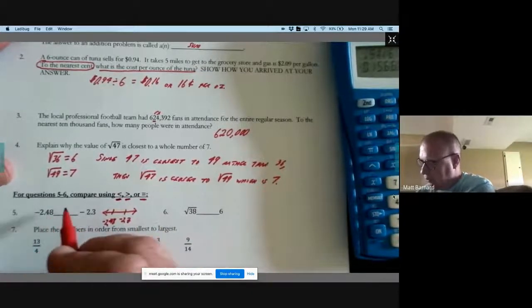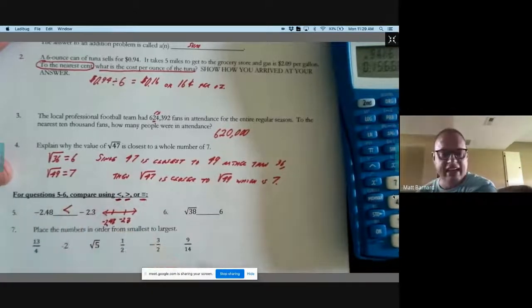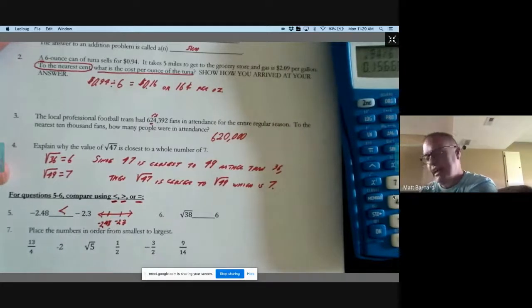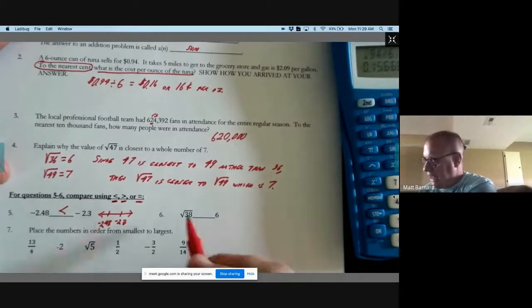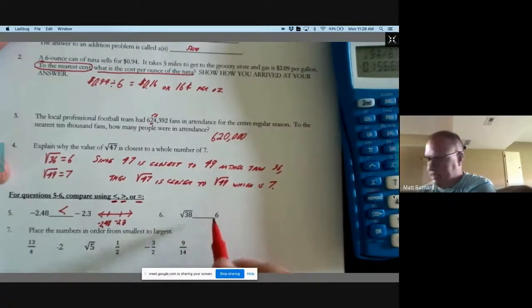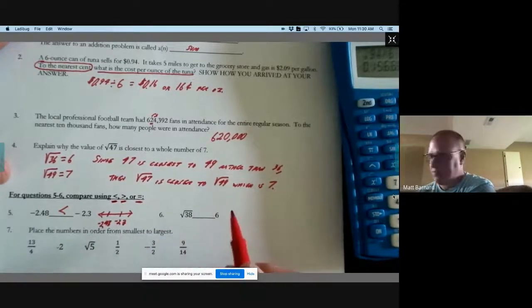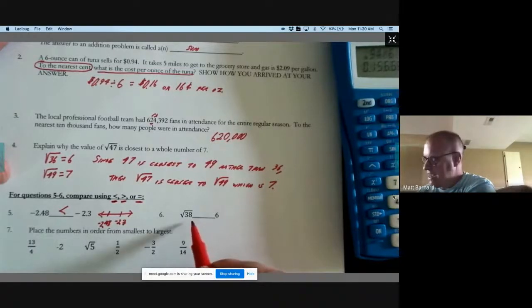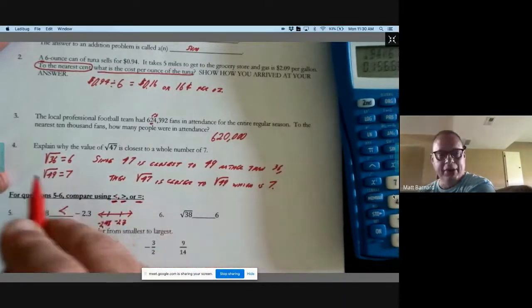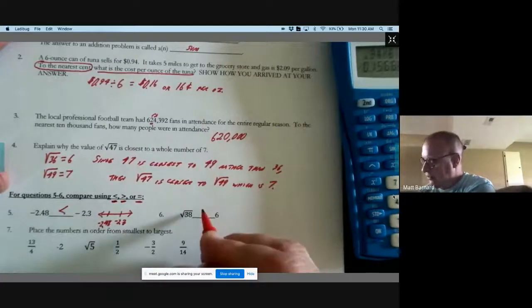Therefore, negative 2.48 is less than negative 2.3. And we think of a number line as anything farther to the right is greater, anything farther to the left is less. Now, we have the square root of 38 and 6 here, and we have to compare those. Well, what we see using the reasoning up here on number 4, we know this is going to be greater than.